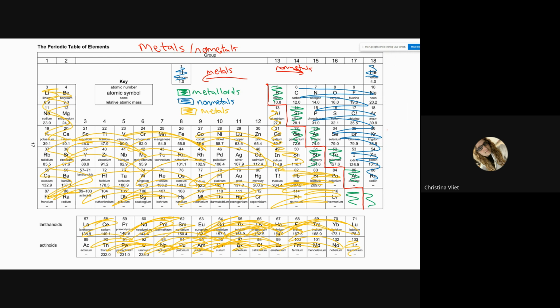Those are metals. They're the only two on the staircase that are not metalloids. That's how I memorized it because I don't like memorizing a lot. So I just memorize a little bit and I'm like, I got it. Use your resources. You've got a periodic table, so just imagine where these areas are.